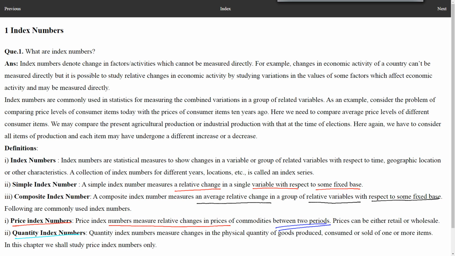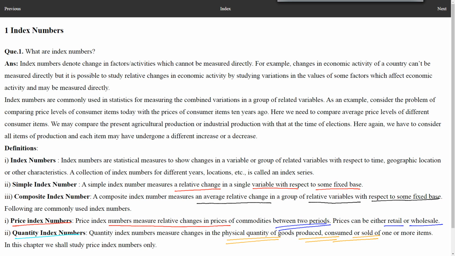Prices can either be retail or wholesale. Quantity index numbers measure changes in physical quantity of goods which are produced, consumed or sold.